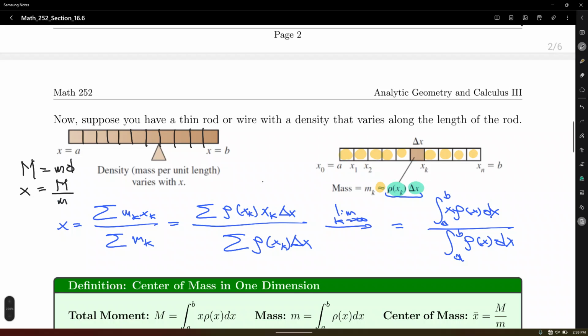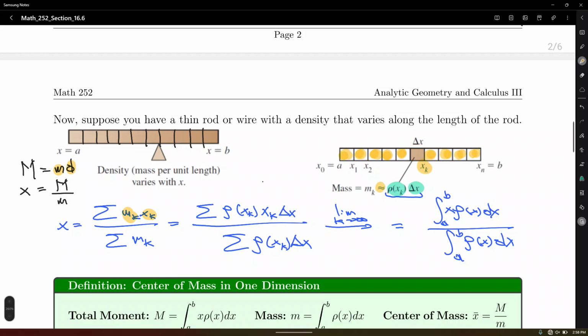Notice how the moment right here equals the sum of all the masses times the distance, and in this case the distance is going to be some xk, this xk right here in our bar. And in the denominator, we divide by the sum of all the masses of all these partitions that we keep highlighting here.